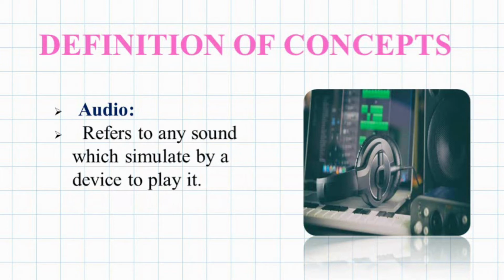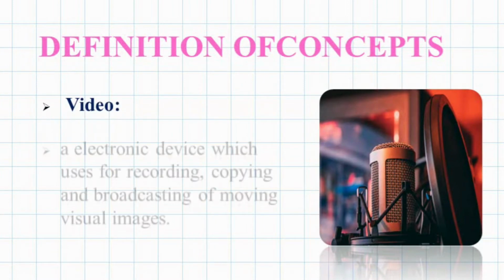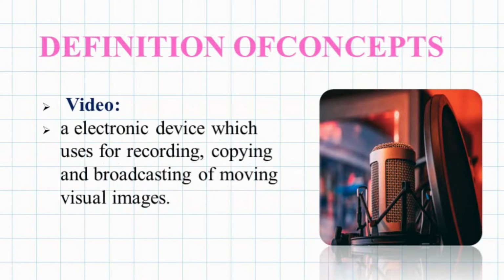It refers to any sound which is simulated by a device to play it. For example, recording. Video. It is an electronic device which is used for recording, copying, and broadcasting of moving visual images. For example, films and movies.